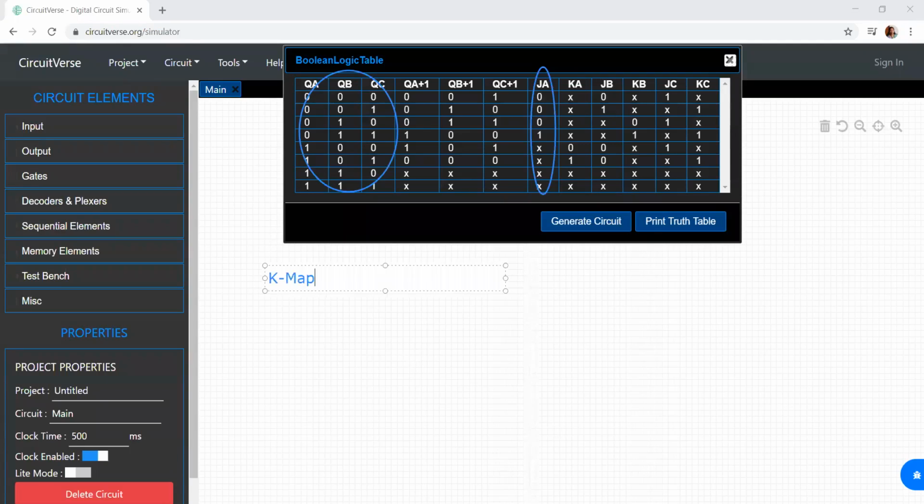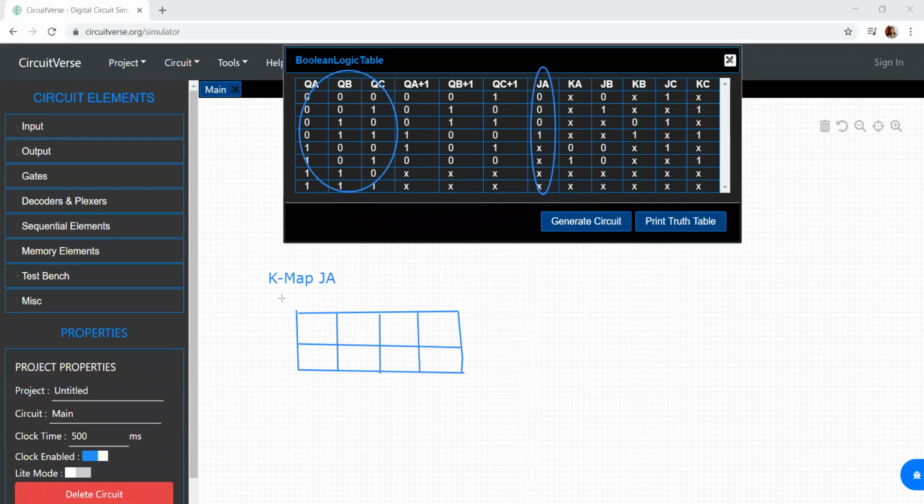I'll write K maps for JA and KA. So first I will write the K map for J. Now what are the inputs? My inputs will be QA, QB and QC. So this is my K map, a three variable K map, QA, QB, QC.